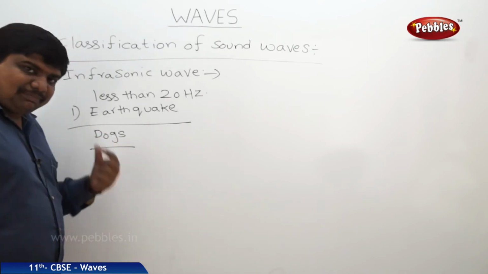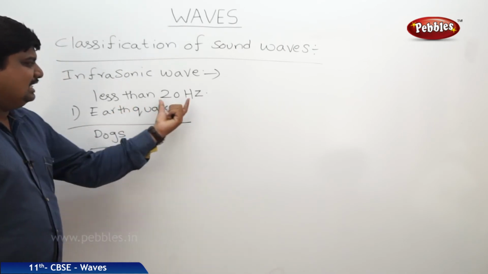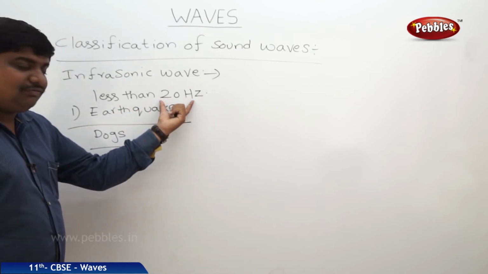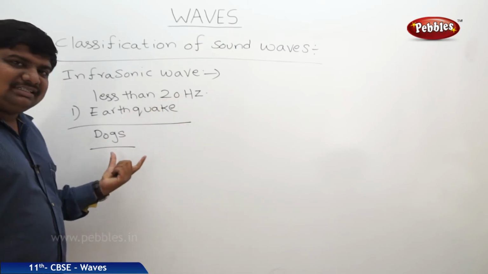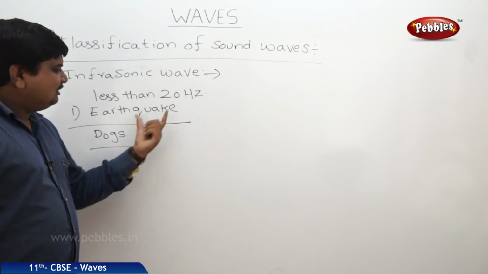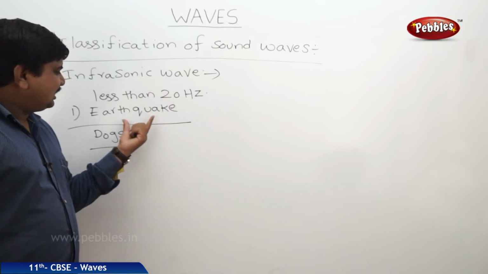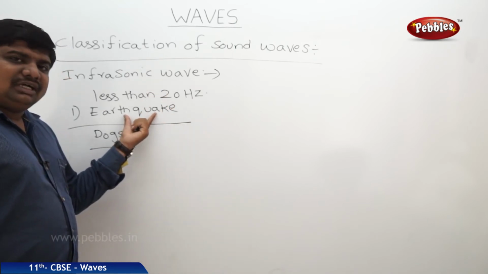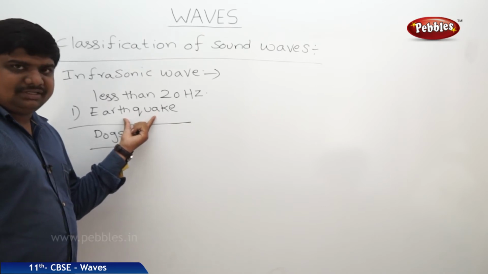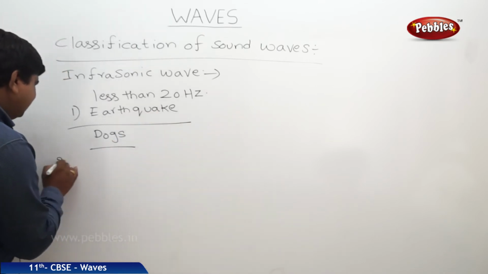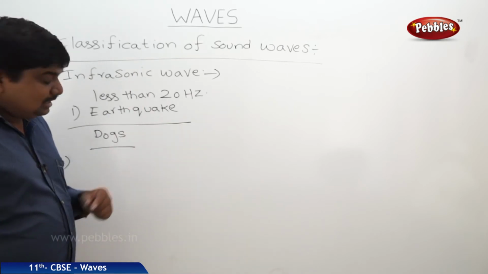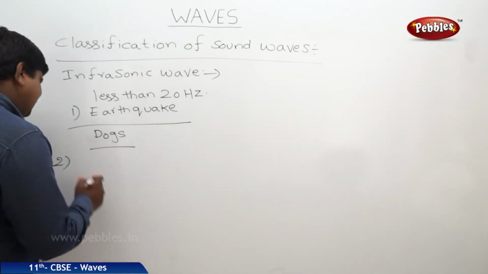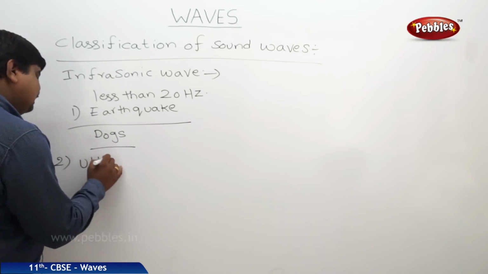So dogs have the ability to hear sounds of frequency less than 20 Hz. That's why we can say that animals have better listening capacity when compared to human beings. They are able to sense the sensations of an earthquake. This is the list of the infrasonic. The second one in the same case is ultrasonic.